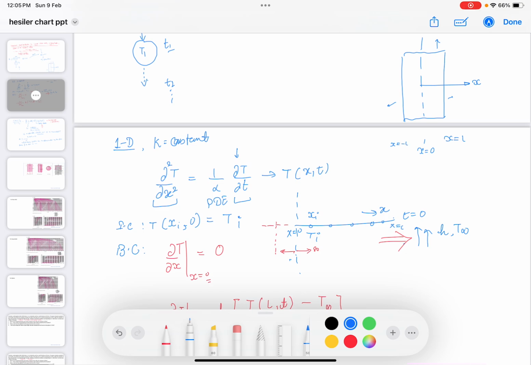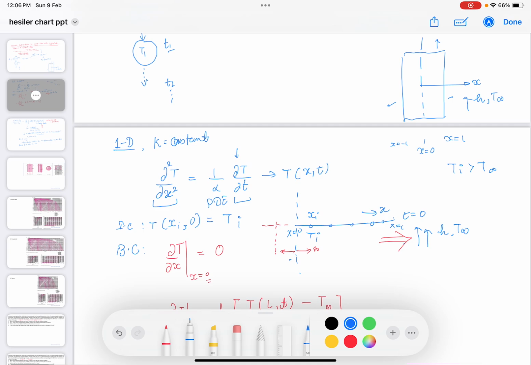Suppose it is brought into an ambient having heat transfer coefficient h and T infinity as the ambient free stream temperature. So it is going to cool if the body is at some temperature Ti, which is higher than T infinity.